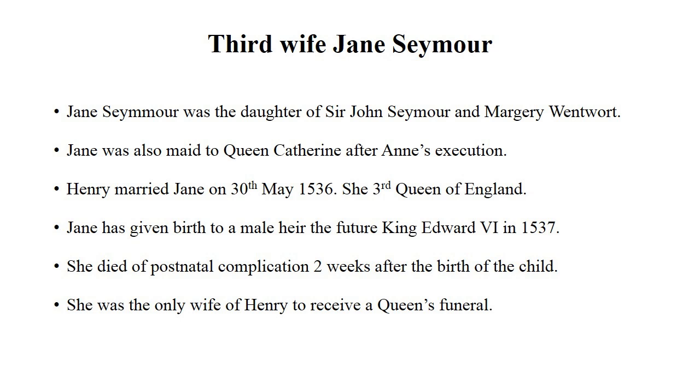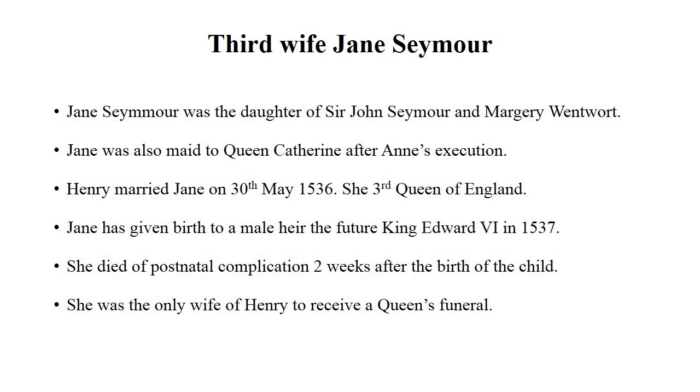In 1537, Jane Seymour gave birth to a male heir, the future king. His name is Edward VI. She died of postnatal complications 2 weeks after the birth of the child.